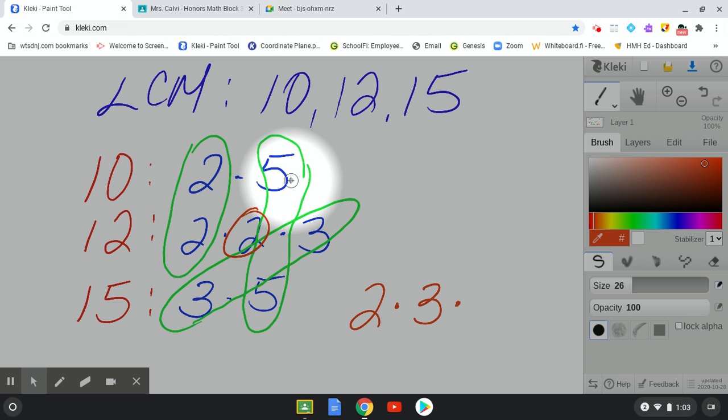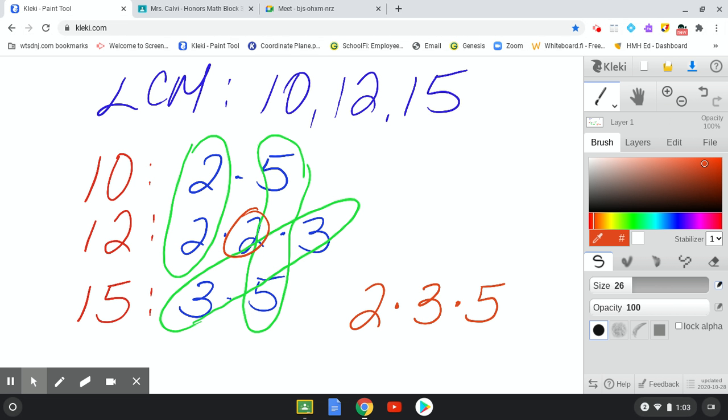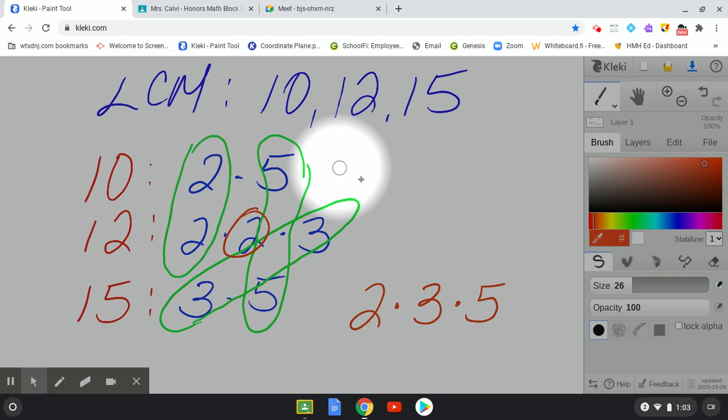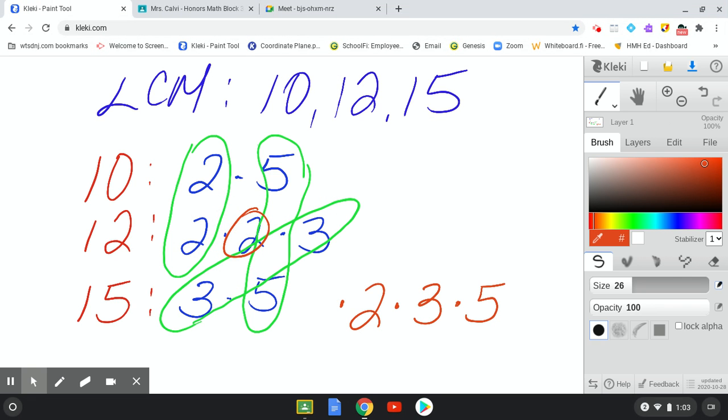Then from my 5s, I have 2 5s circled, but I'm only taking 1 from the circle. All right. I also need to take anything else that was left over. And the one number that was left over here was the 2. So I have to take that also. I'm going to put that in front because I like doing least to greatest. So now if I actually do this multiplication, 2 times 2 times 3 times 5, that's going to give me my LCM. That'll give me my least common multiple.